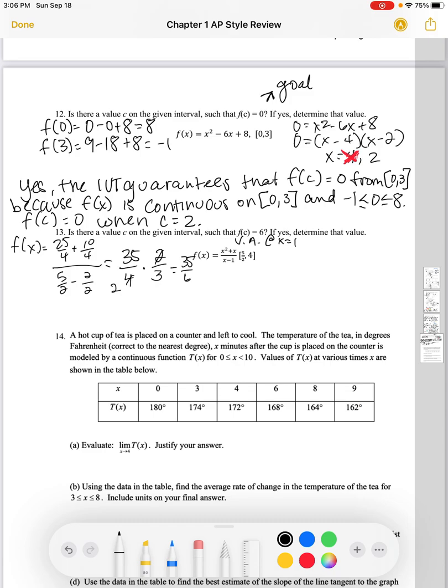And then I'm going to plug in 4. And when I plug in 4, we are going to end up with 16 plus 4 over 4 minus 1. So we'll have 20/3.